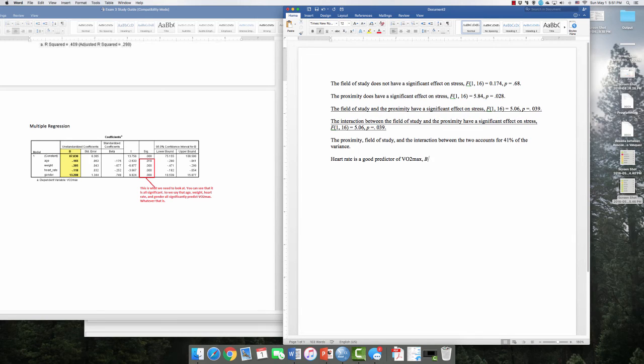And then we put our capital B, and our beta is negative 2.52, but we're going to just write negative 2.5 or negative 0.25. And our p-value for that is less than 0.001.